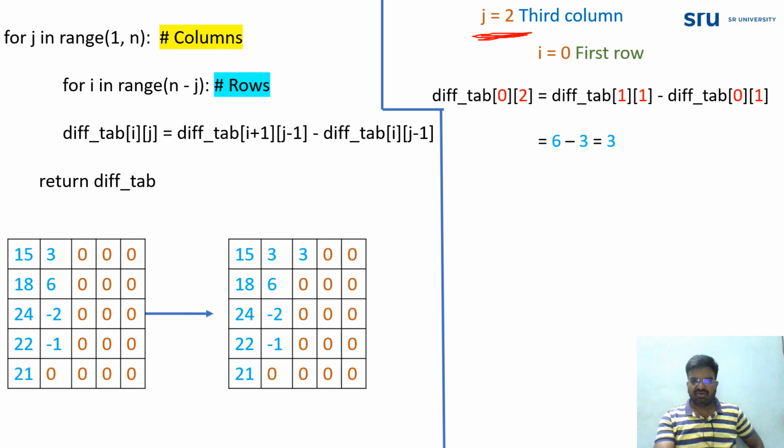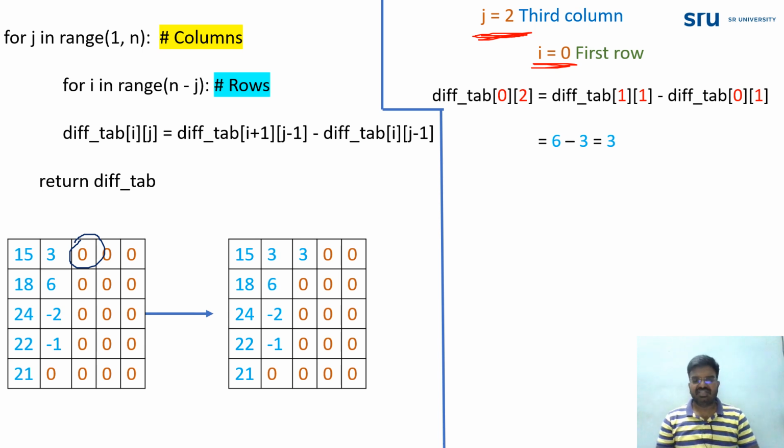In this inner for loop, i starts with 0. 0 indicates it is the first row. Now I have to fill this position. See, this position is in third column, first row. What is the j value? It is 2, which means third column. What is the i value? It is 0, which means it is the first row.